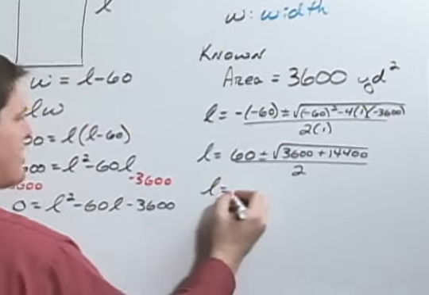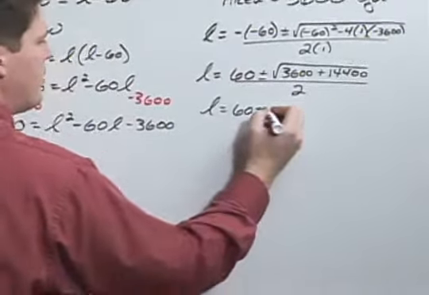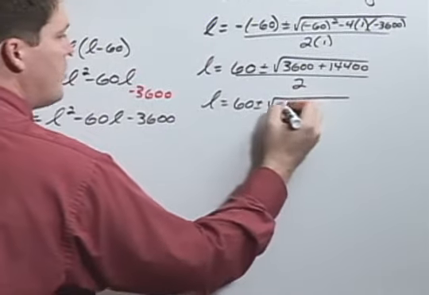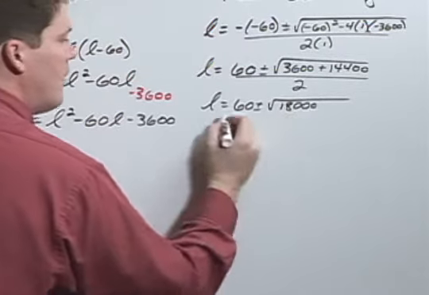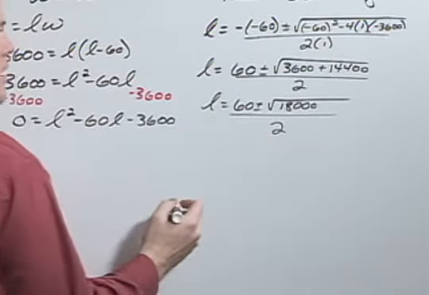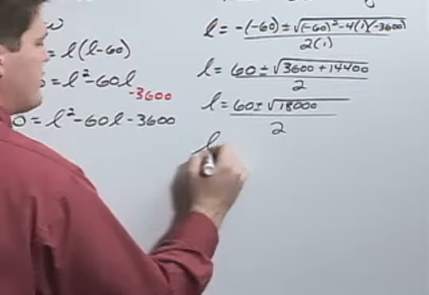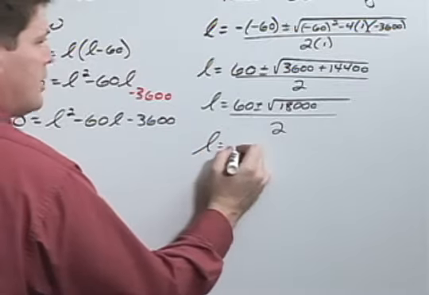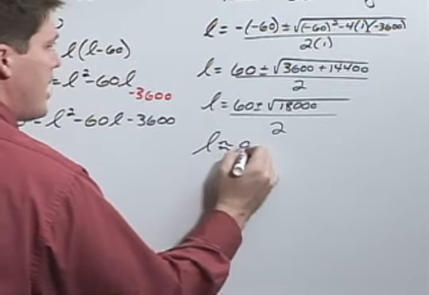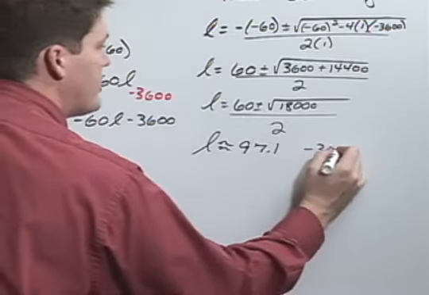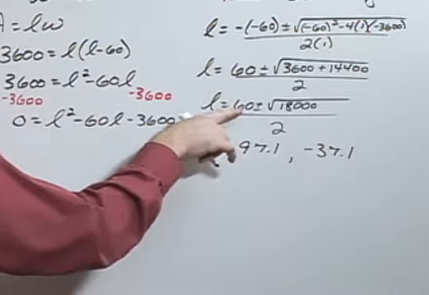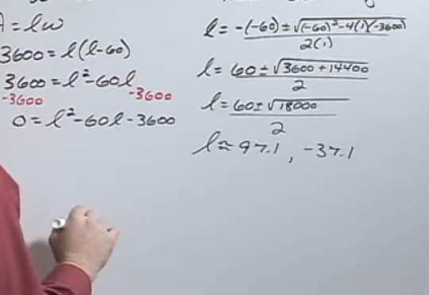Again, combining inside that radical, 60 plus or minus the square root of 18,000 all over 2, which, if I find these two values, would be approximately 97.1 and negative 37.1 if I do the 60 plus and the 60 minus.